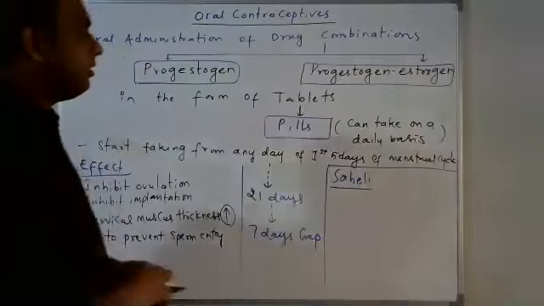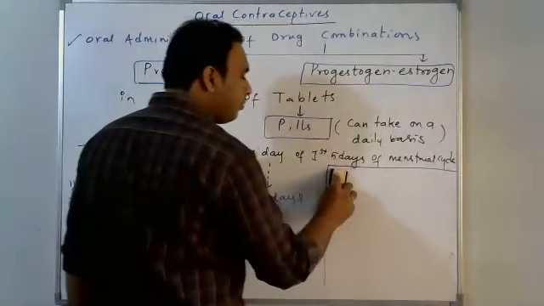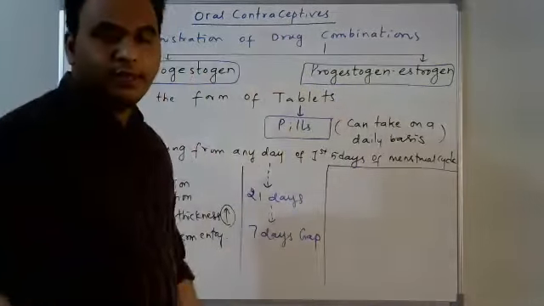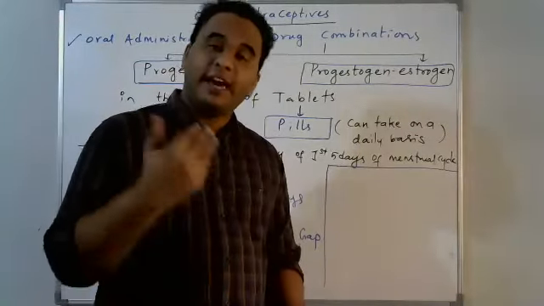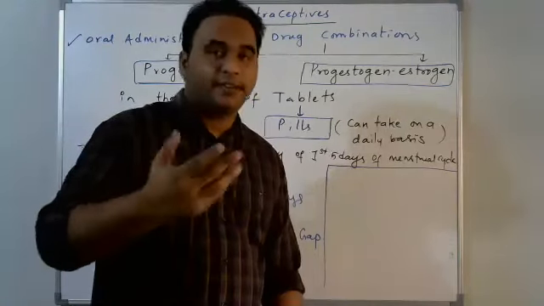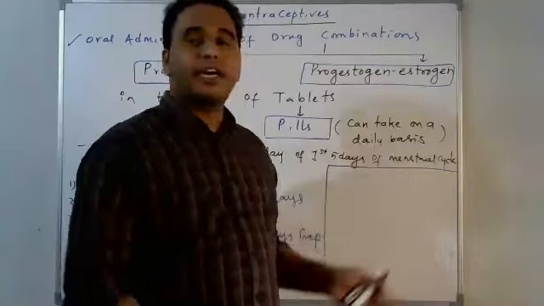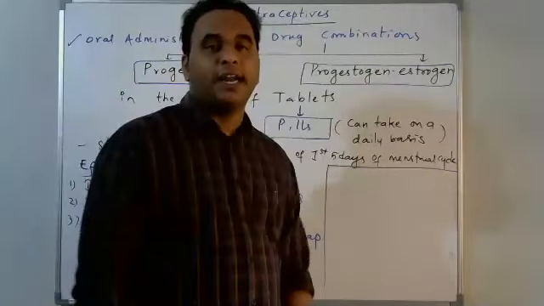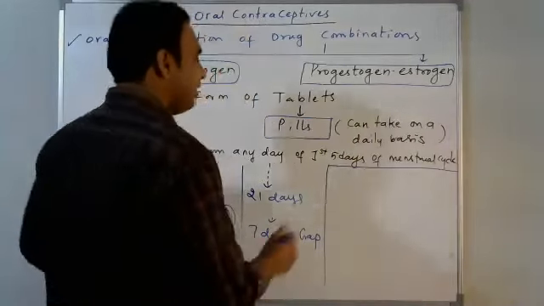Saheli is the new oral contraceptive. Actually, there are many oral contraceptives. New oral contraceptives have come. It was there in our textbook. There are many ideal contraceptives now developed because the pharmaceutical industry has developed a lot. This is according to some old textbook printing version. There are a lot more.